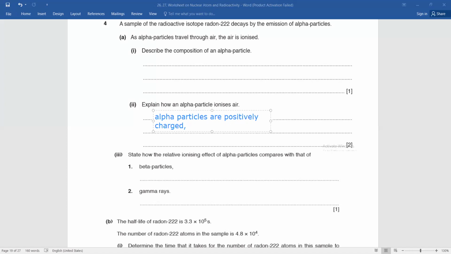This is 1 mark, okay. Alpha particles are positively charged, then another part is that's why they can pull electrons from air particles.